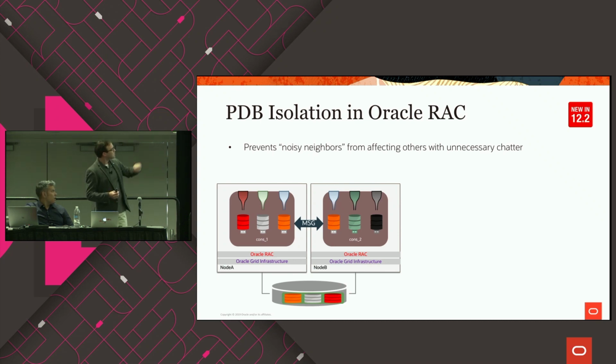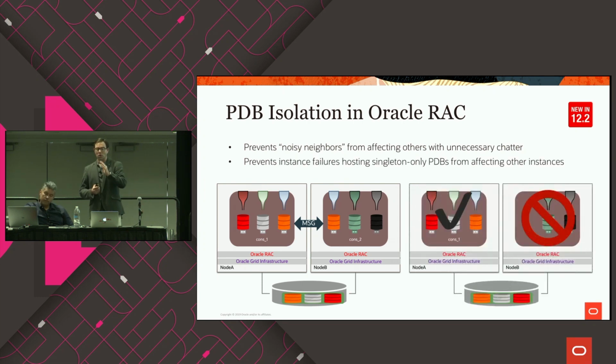One, the orange one, right in the middle there, is open in both instances. If you have such a scenario, RAC and PDBs will make sure that we only exchange messages for the PDB that is open in both instances, so we wouldn't necessarily communicate more than absolutely required, because we know that the other PDBs are not open in the other instance, so there is no need for updates.